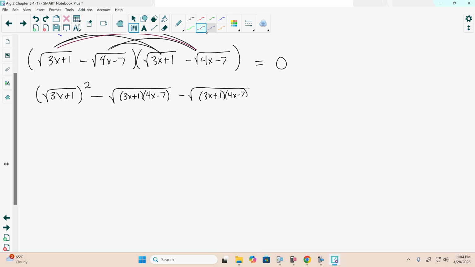One from here, one from there. 4x minus 7 times 4x minus 7, the negative makes positive. And we've got square root of 4x minus 7 squared is equal to 0.